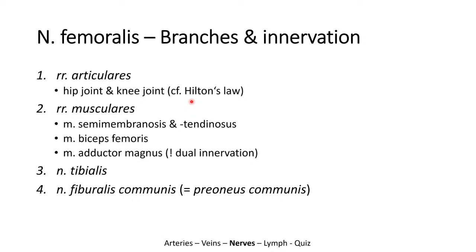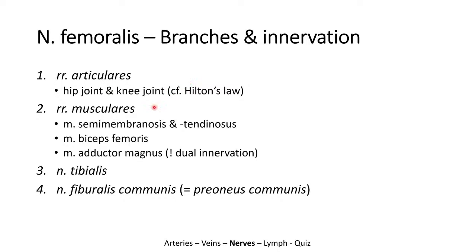Yeah, so again, if we have a muscle that will act on a joint in extension or flexion, it will also innervate or contribute to a sensory innervation of this particular joint. So because we know nervus femoralis will act on several muscles that will act on both hip and knee joint, we can easily say that it also supplies the hip and knee articular branches and for the sensation of the skin above it also. Yeah, so Hilton's law.